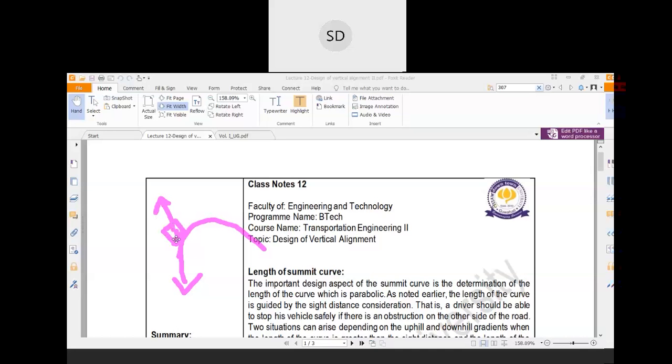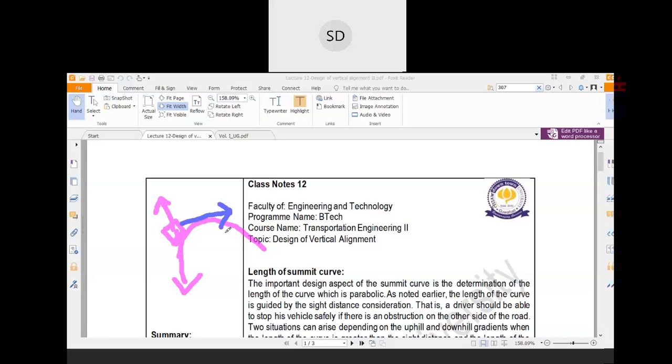Now the main problem in the summit curve is sight distance. Because the convexity is upward, the visibility of the driver ahead is hindered by the upward convexity. So in the summit curve, the main problem is sight distance.